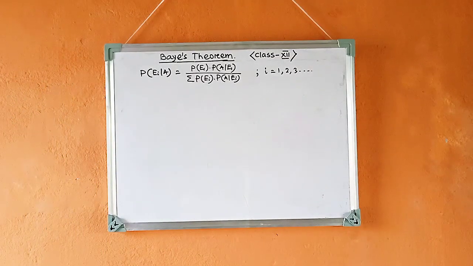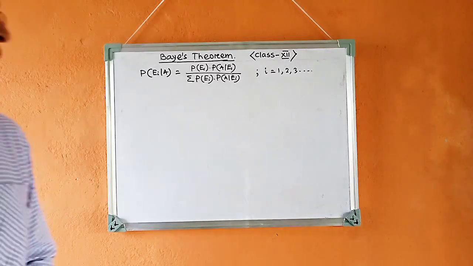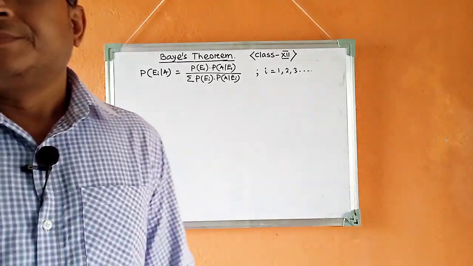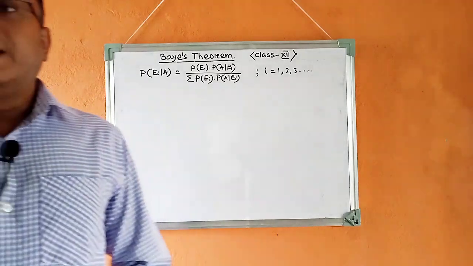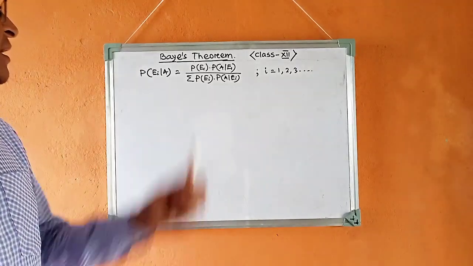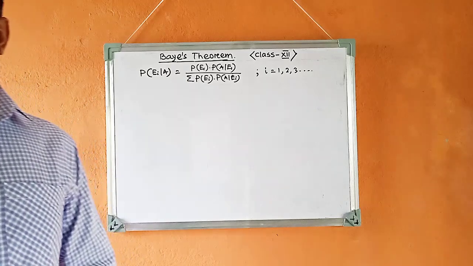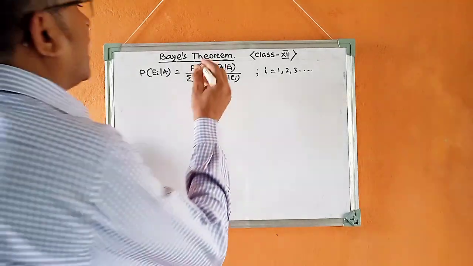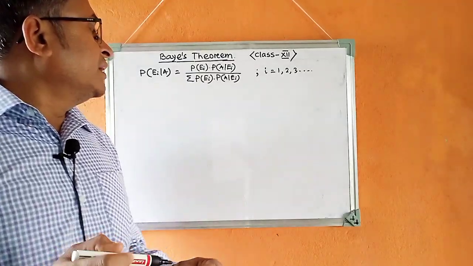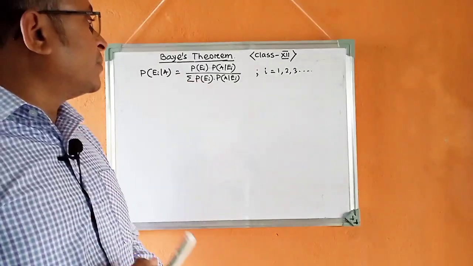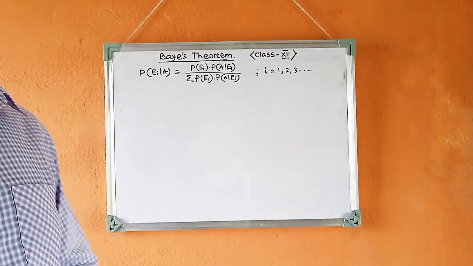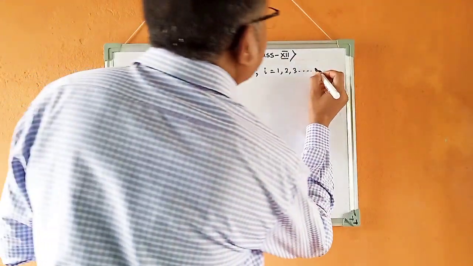I repeat, if E1, E2, E3 up to En are mutually exclusive and exhaustive events associated with a random experiment, and A is any event associated with the experiment, then we can write P(Ei|A) equal to P(Ei) into P(A|Ei) divided by the summation of P(Ei) into P(A|Ei), where i equals 1, 2, 3 up to n.